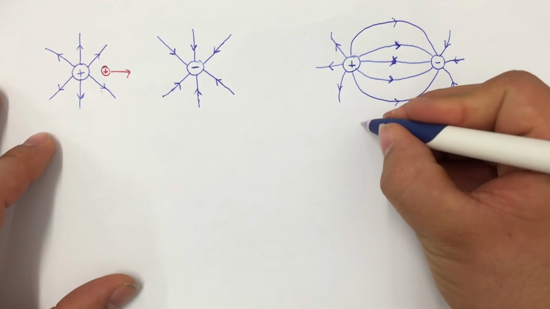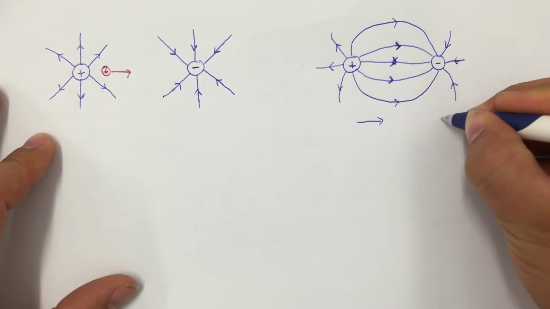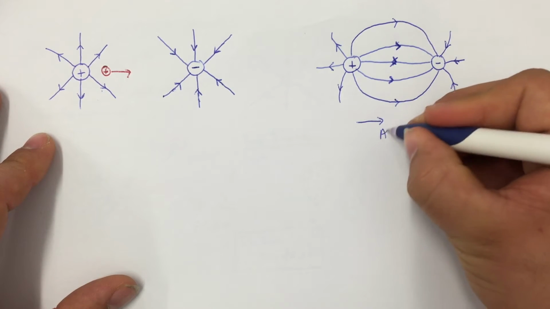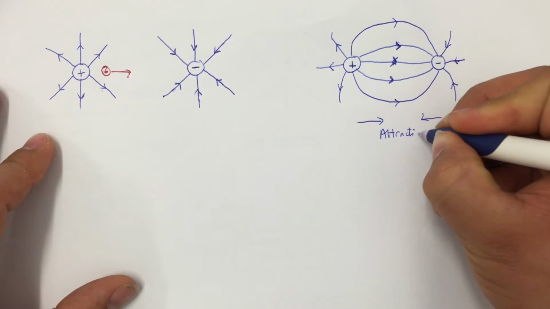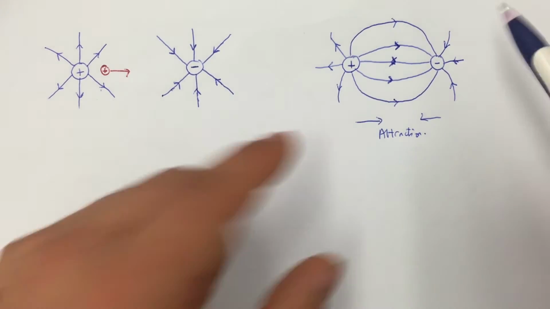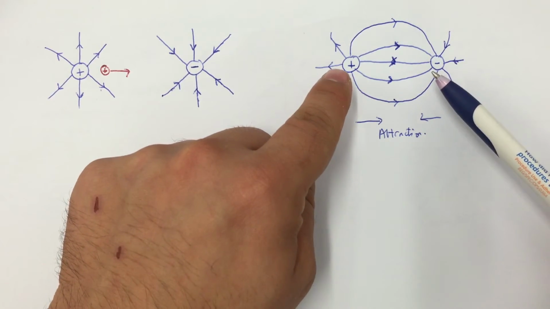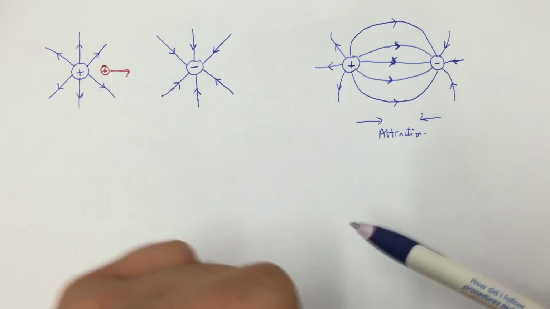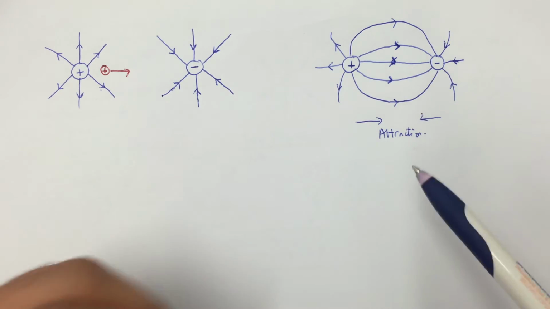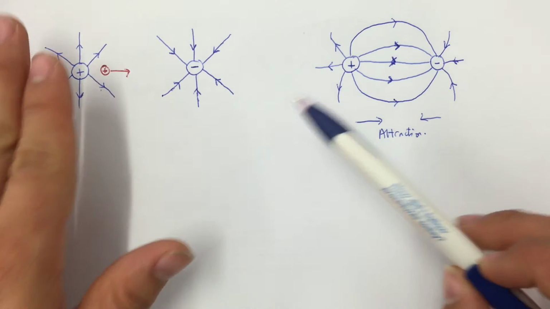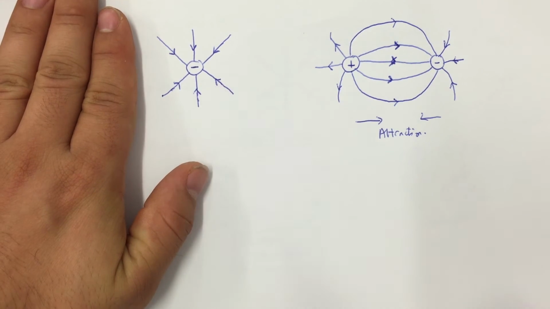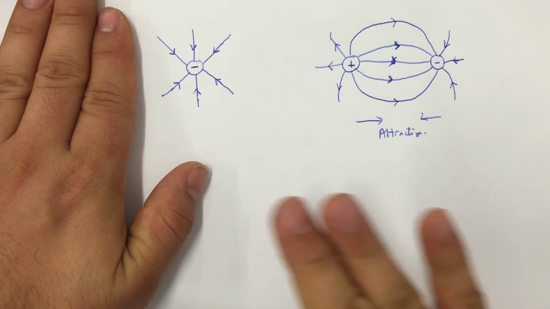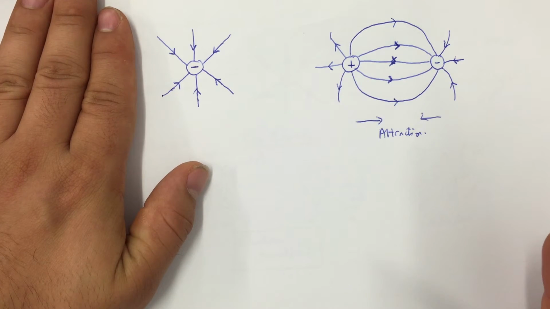And obviously we know that the effect of this is attraction. Opposites attract. So there will be a force between these two charged particles, drawing them together. Now this is really important because this is an idea of forces acting at a distance. So imagine if I had just my electron sitting there on its own with no other charged particles near it.